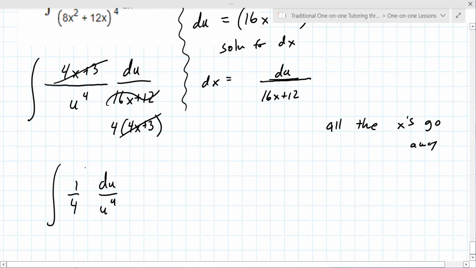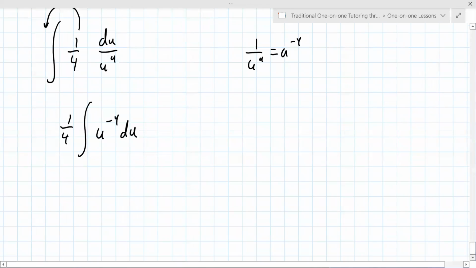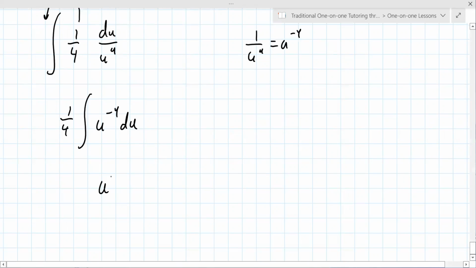We'll do just a little bit here to make this easier to work with. We'll move that outside. 1 over u to the 4th is u to the minus 4. So it's 1/4 integral of u to the minus 4 du. And now we can use those power rules that we talked about in the beginning of the lesson. You add 1 to the exponent, divide by the new exponent, plus c.